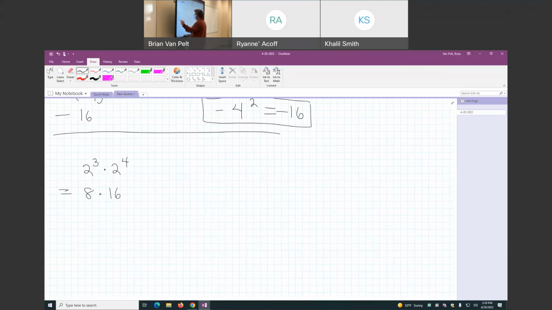Times 2 to the 4th, which is equal to 16.